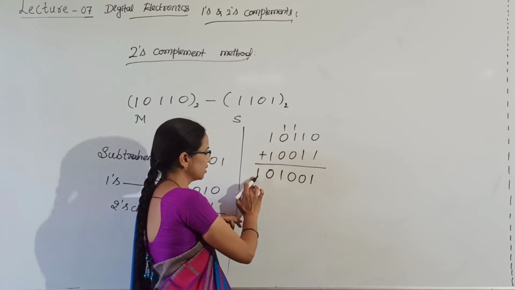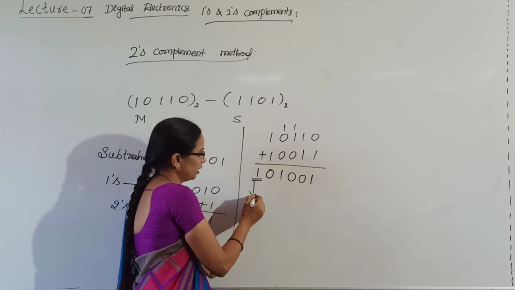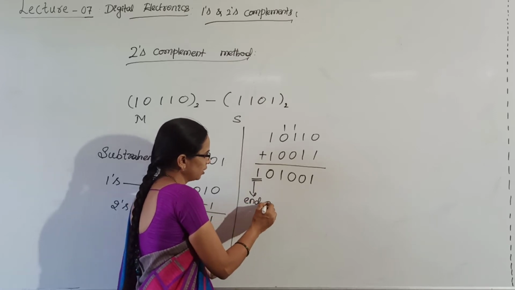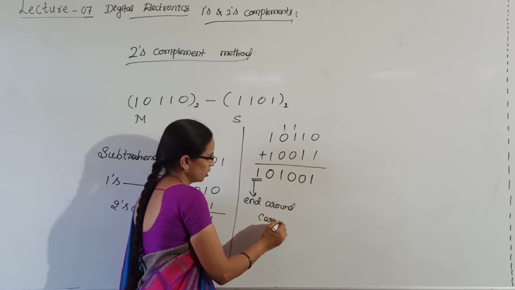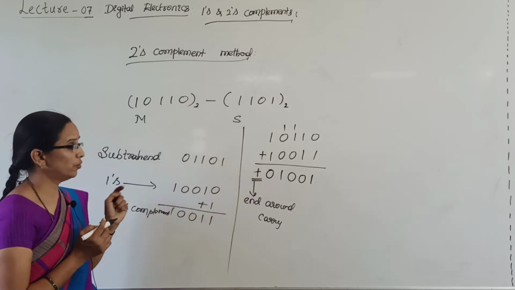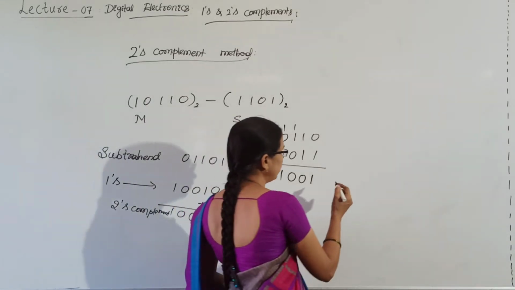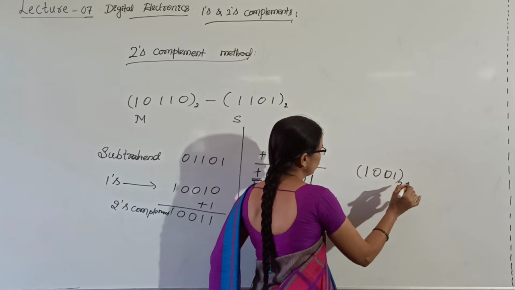In the 2's complement method of subtraction, even if you get an end-around carry or end carry, you have to discard it. The final answer will be 1001.